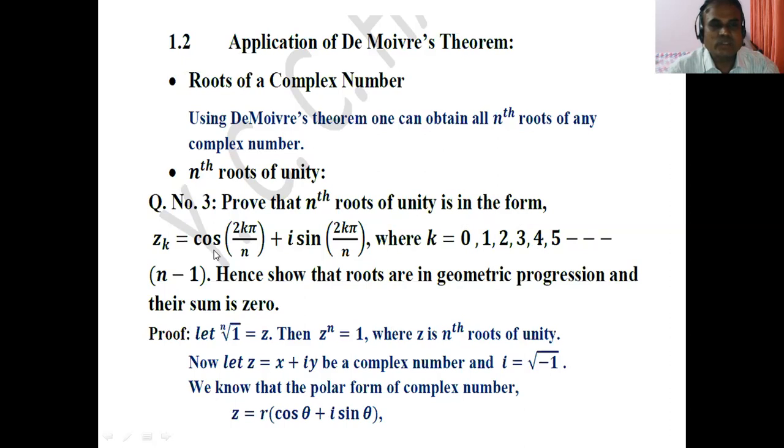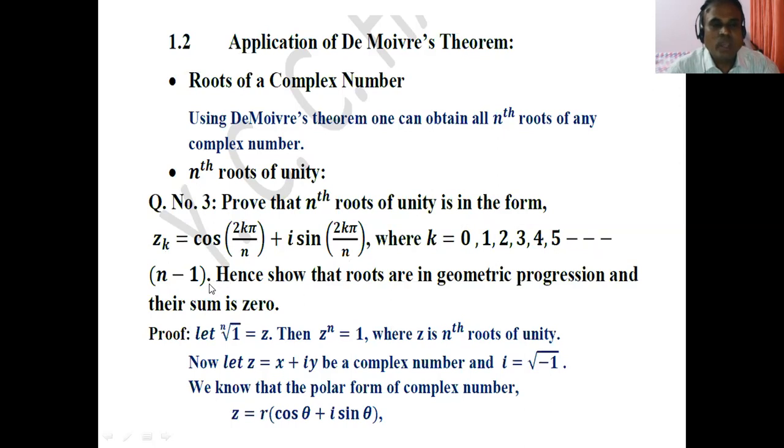zk equal to cos of 2kπ upon n plus i sin 2kπ upon n, where k denotes 0, 1, 2, 3, 4, 5, up to n minus 1. This is the formula for finding the nth roots of a complex number.